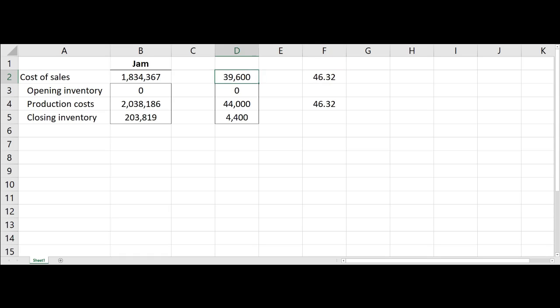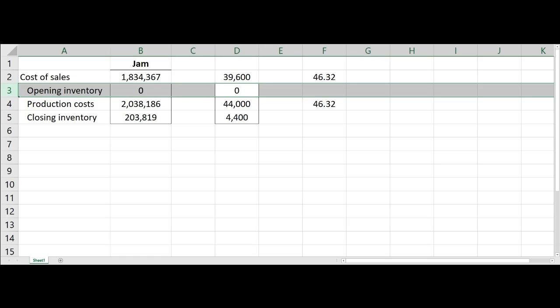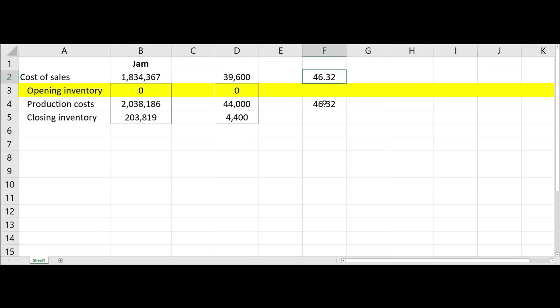Now, the reason why we can take the shortcut and say cost of sales divided by budgeted sales to get the product cost per unit is because there is no opening inventory in this question. That's why this works out regardless of whether you use production costs or cost of sales. You just need to be careful when there is opening inventory in the question.